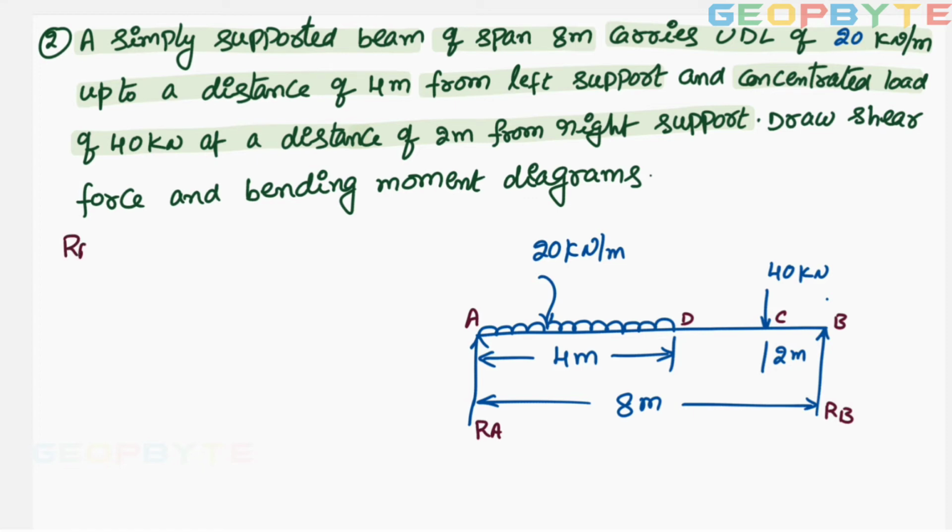First let us find RA plus RB. Tell me what is RA plus RB, my dear students. Sum of the actions: 40 kilonewtons point load plus UDL multiplied by UDL distance, 20 into 4. It is 120 kilonewtons.